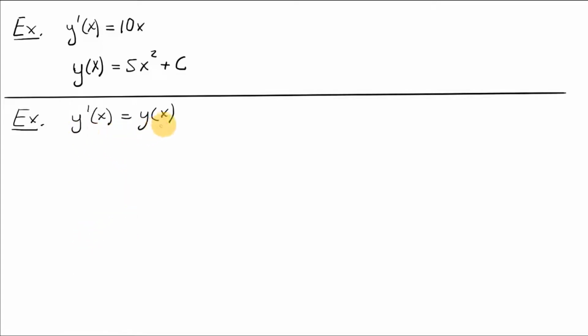To show that, let us rewrite this equation. We subtract y of x on both sides, and then we get this instead. Let's say we have found a solution to this equation. Then we have also found a solution to this equation.